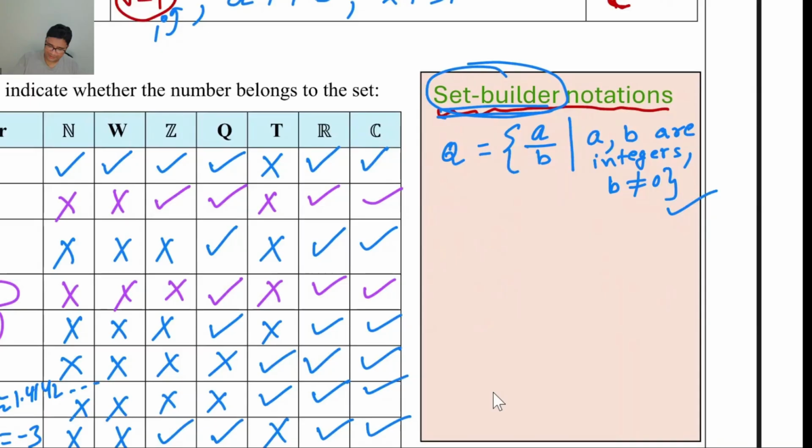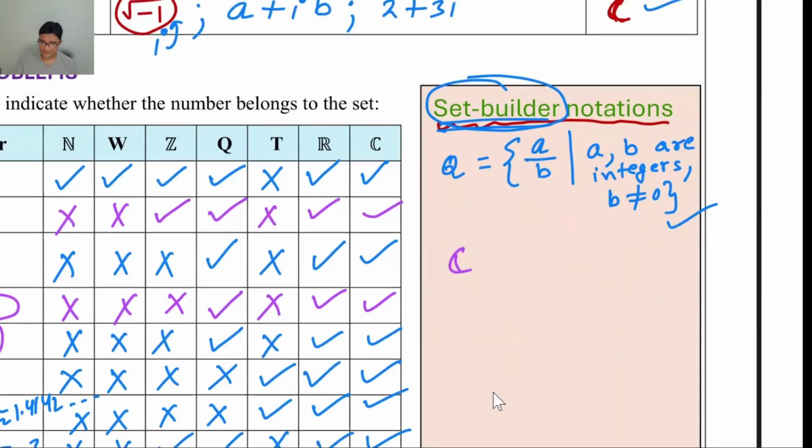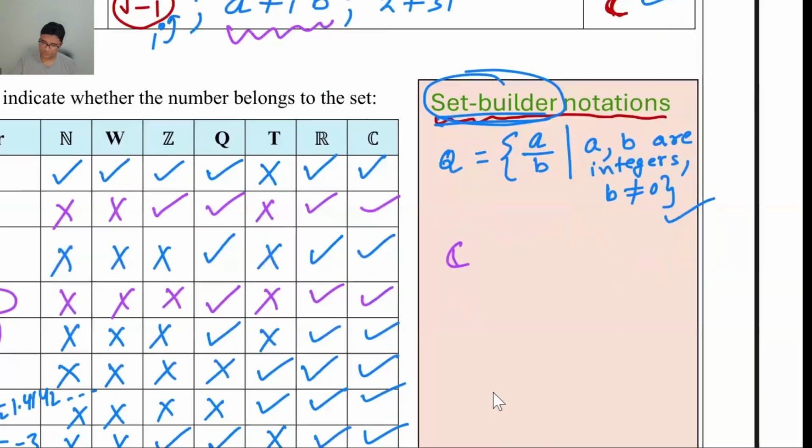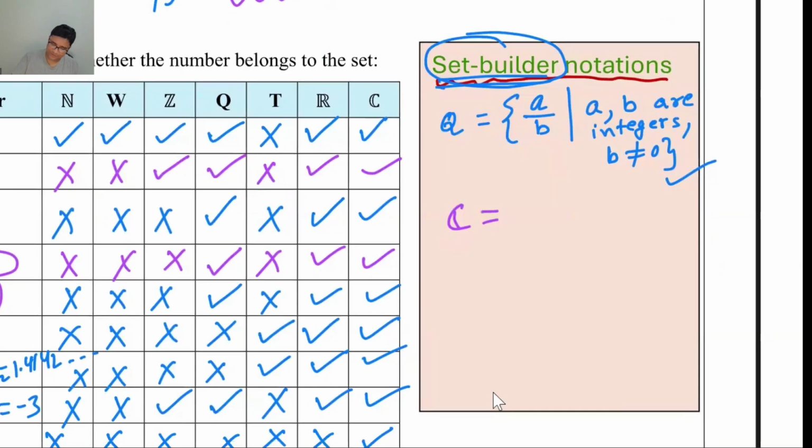Another example, the complex numbers. I said all the numbers of the type a plus ib. So formally in set builder notation, you will write like this. Use the set bracket, a plus ib. All numbers a plus ib, right?